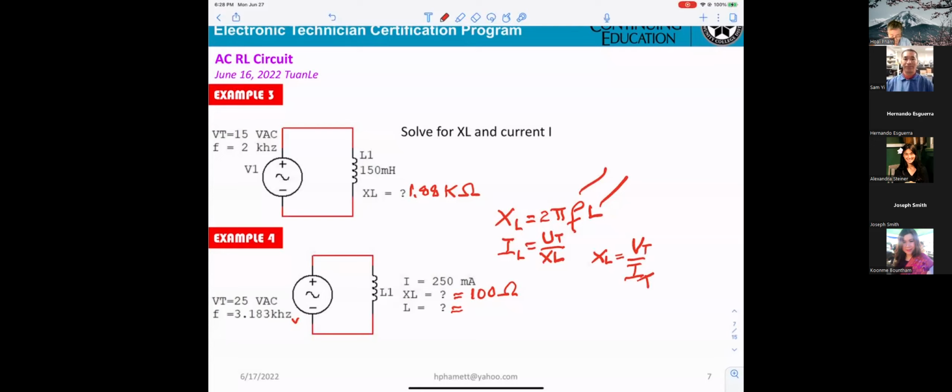So one student gave it to me 100 ohm. And also L. What does L equal? 5 millihenry. How many henry? 5 millihenry.